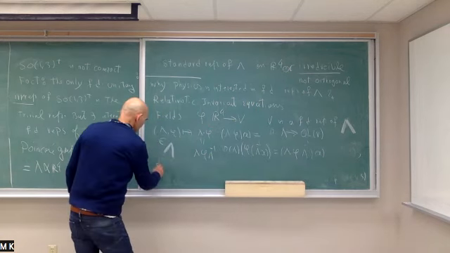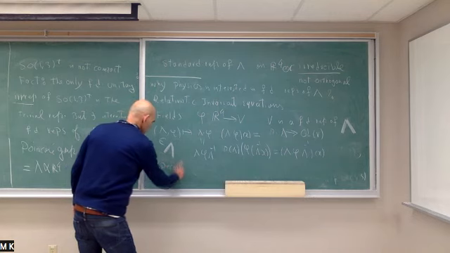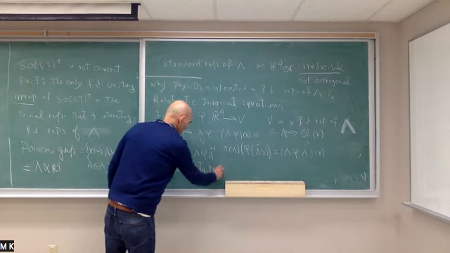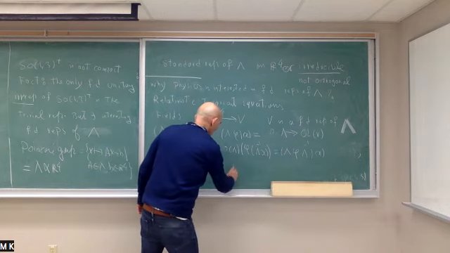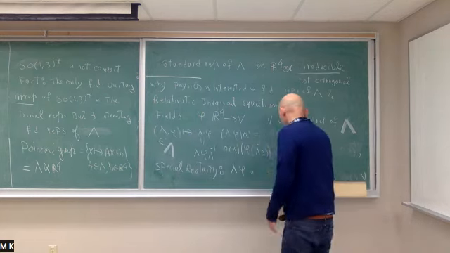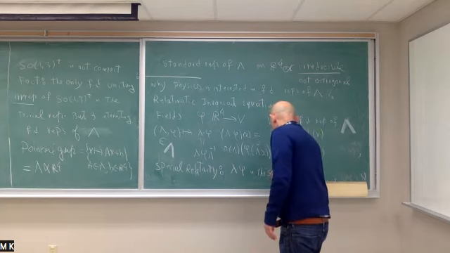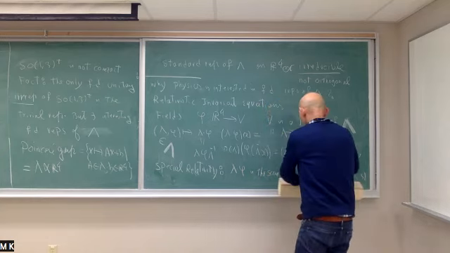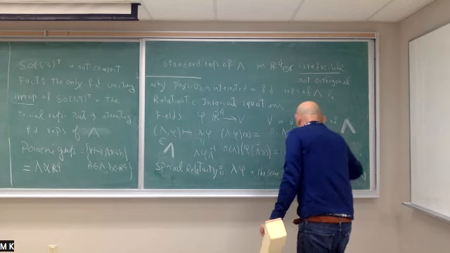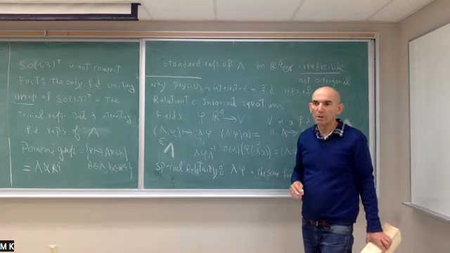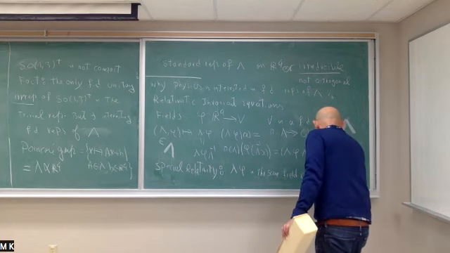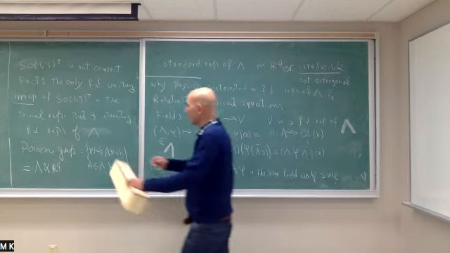It's just the same field seen from a different coordinate system. So special relativity says that lambda phi is the same field as phi, but seen in a different inertial frame, seen from a different inertial frame.